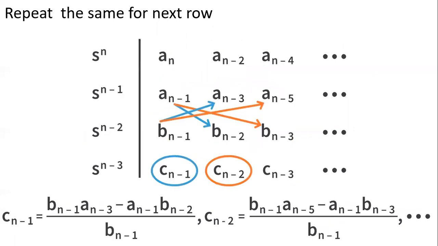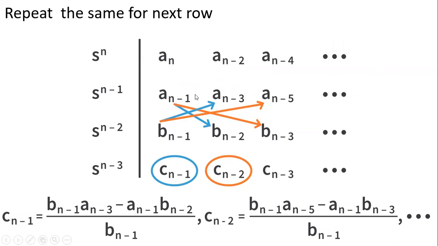Similarly, for the next row we repeat the same procedure. For c_(n-1), we take b_(n-1) times a_(n-3) minus a_(n-1) times b_(n-2), divided by b_(n-1). And for c_(n-2), we take b_(n-1) times a_(n-5) minus a_(n-1) times b_(n-3), divided by b_(n-1). This is always based on b_(n-1).